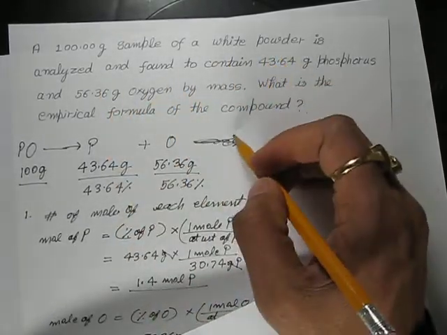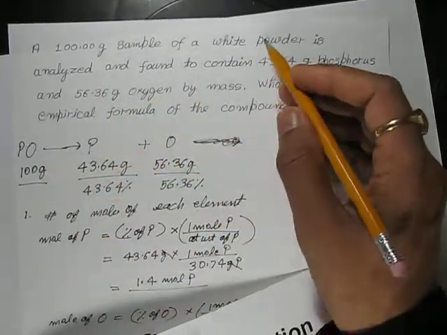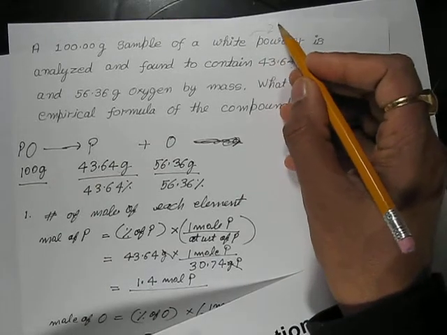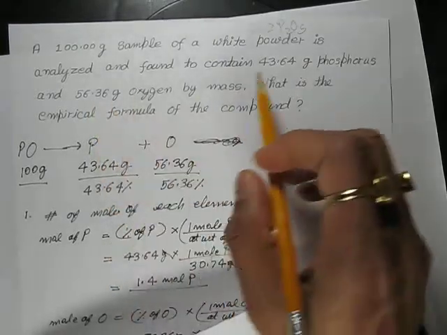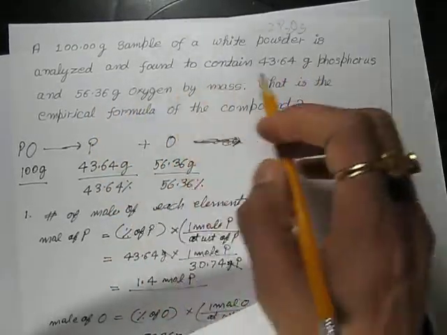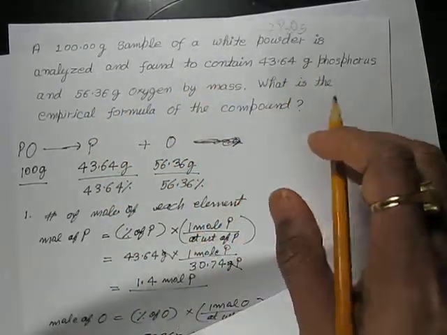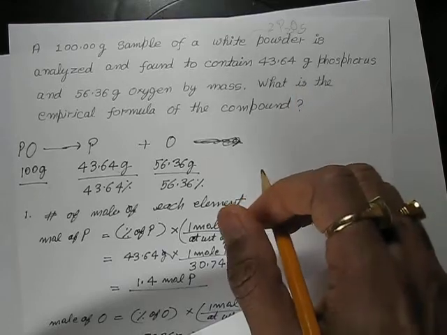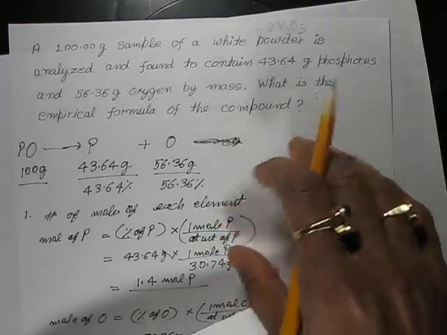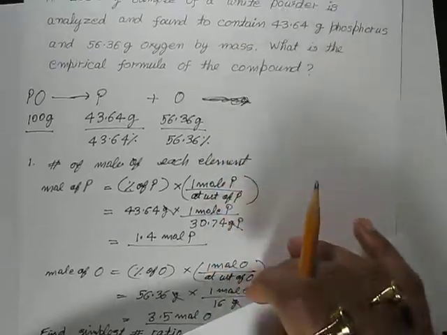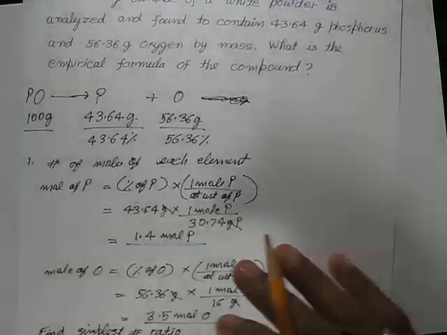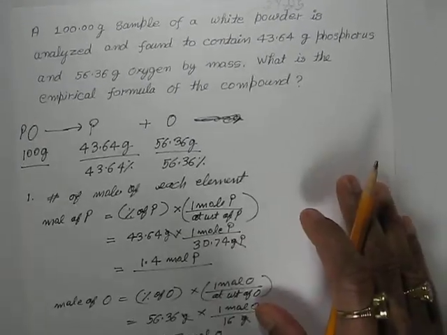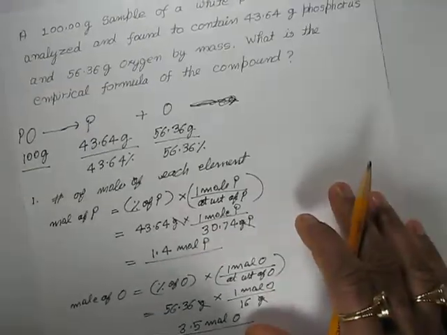So the white powder is P2O5. And how did we find out? We used the gram quantities to convert to moles, then the mole ratio, and then found the whole number of moles. So these were examples to find the empirical formula using gram quantities or percentage quantities.